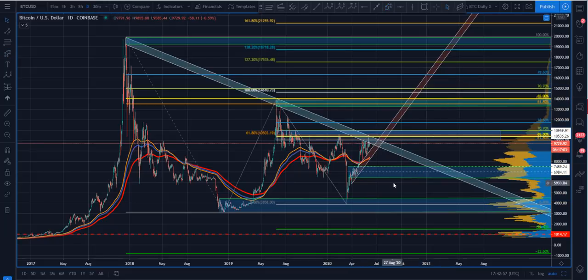It doesn't have to go to the golden zone. It doesn't have to do anything, but whether you're a believer in Elliott Wave or not, you would anticipate some sort of a three to correct this. How long have we been going here? From the 11th of March to the 5th of June.